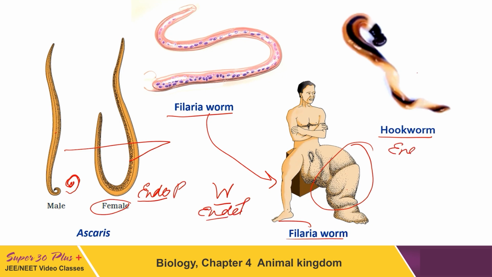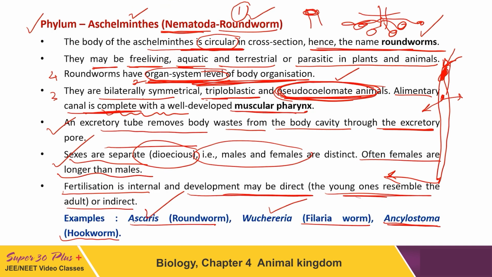You see the animals of this group, these are parasitic forms, not only in plants, in case of animals also nematodes. I told you the example of tomato and so many other plants, the roots of these plants are affected by nematodes, right?